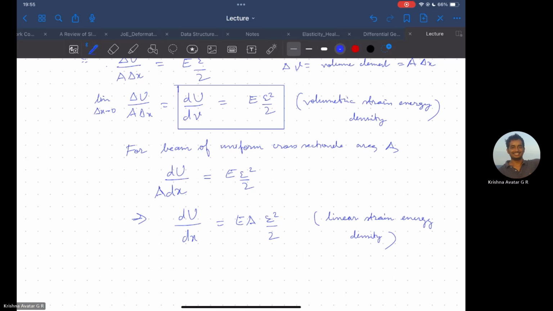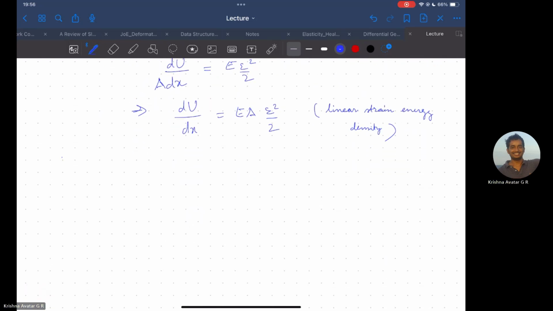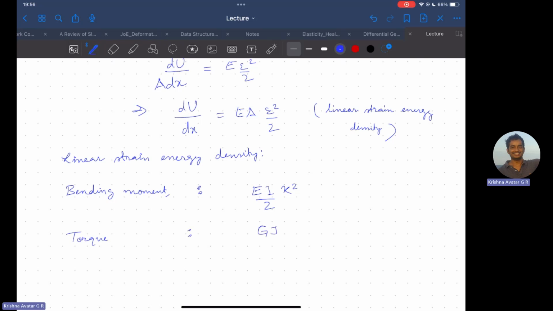And from a similar argument, linear strain energy density, say for bending moment, we have it as EI kappa squared by 2, where kappa is the curvature, and for torque, we have GJ tau squared. This is just the linear strain energy density.